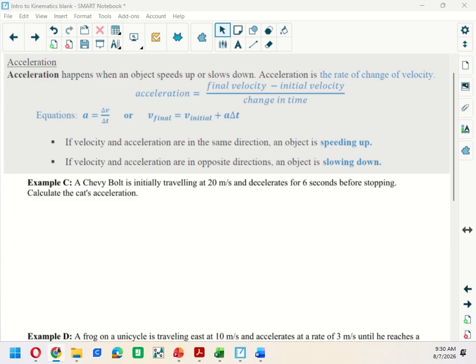What does that formula look like? Right here for this equation, a is equal to delta v over delta t. You've been using it since maybe 5th grade, 6th grade.